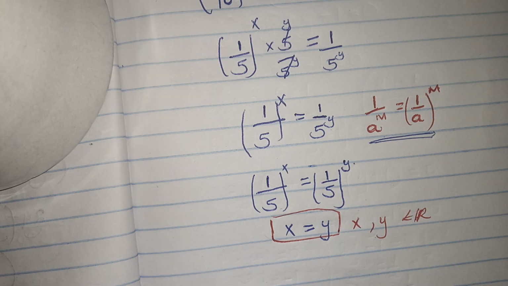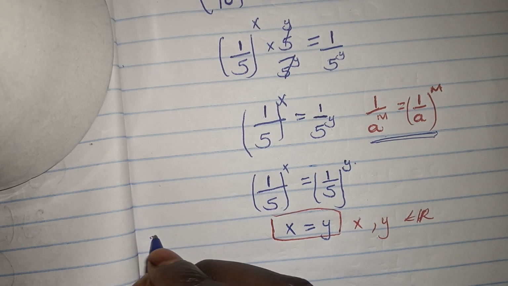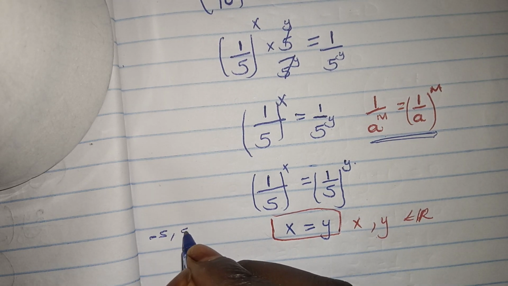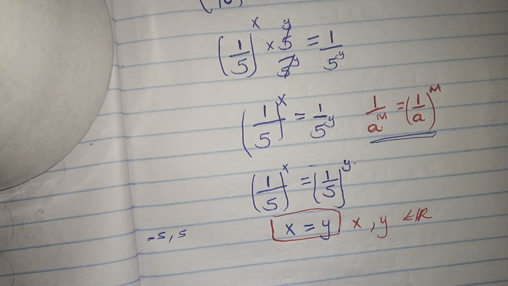This means if we take any certain number, let's say 3, we should satisfy the above equation. If we take 3, -3, or negative or positive 2, or any real number, if we take -5 or positive 5, it should satisfy the above equation. So let's try and check.